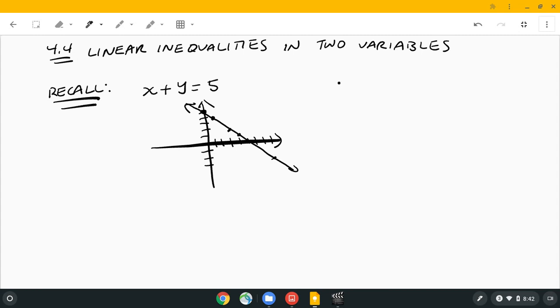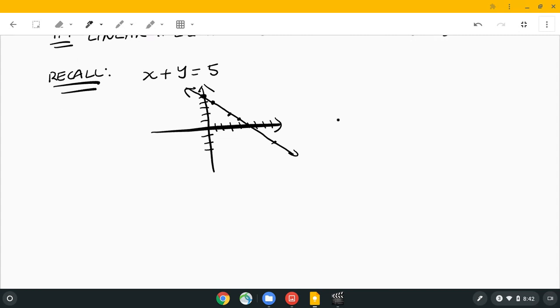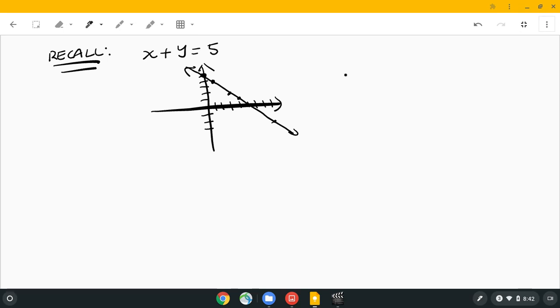What we're looking at now in this section is not just where they are equal, but inequalities. So we might have something like x plus y is less than or equal to 5.